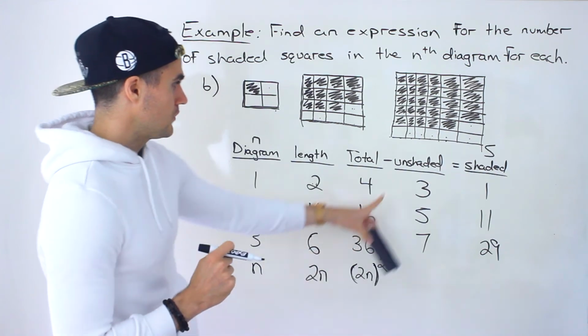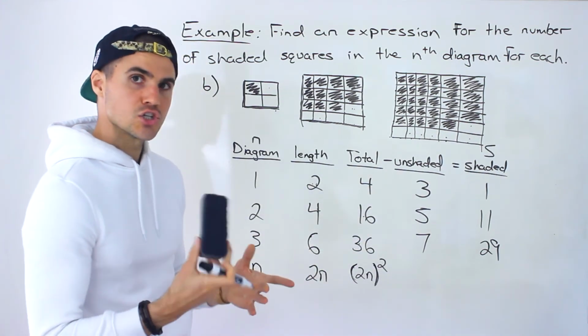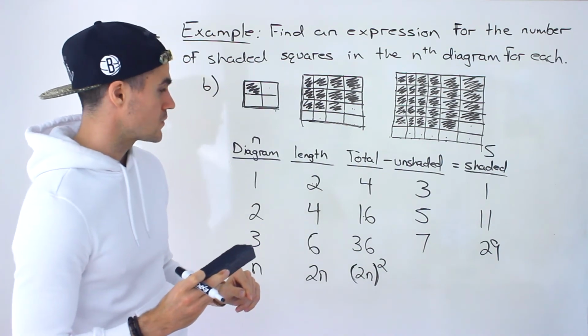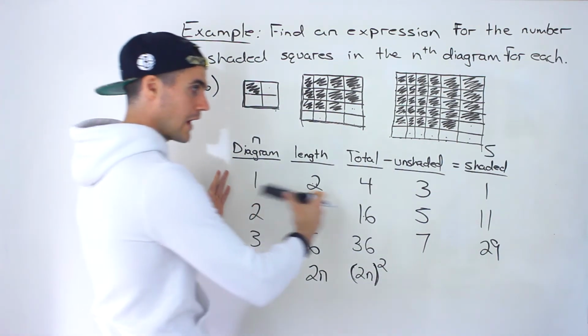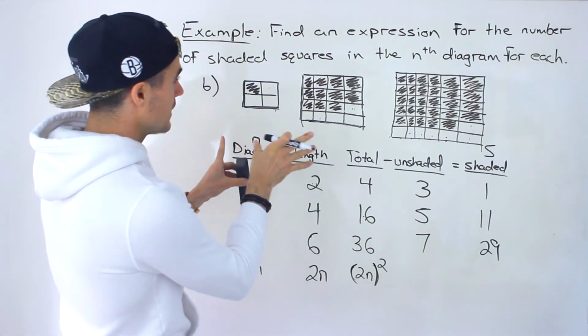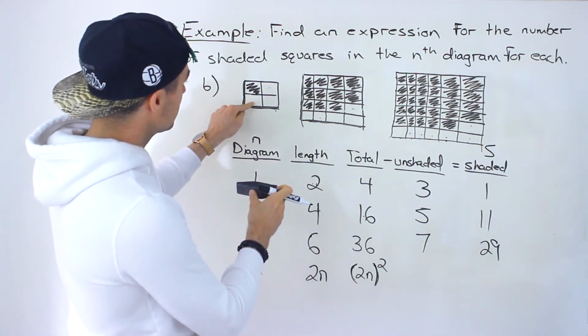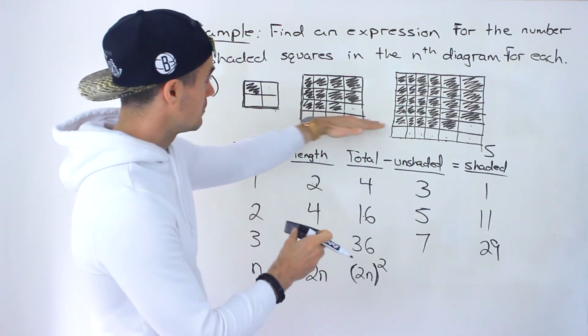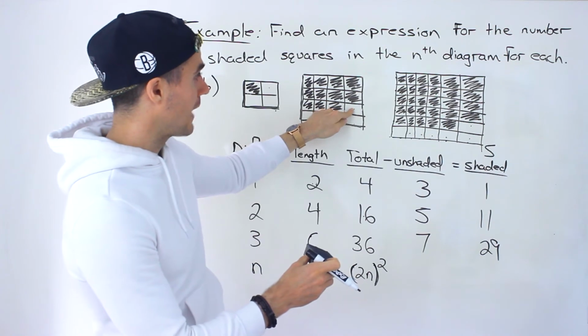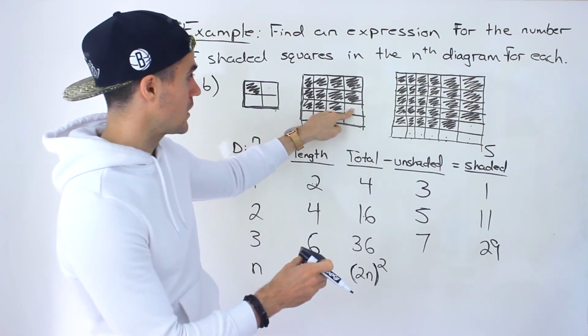Now, moving on to this column, what about the unshaded number of squares? As I mentioned while I was writing this, you can see the pattern from the diagram. Notice that the bottom is always unshaded, and then there's one extra square that's unshaded as well.